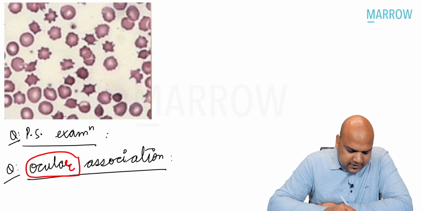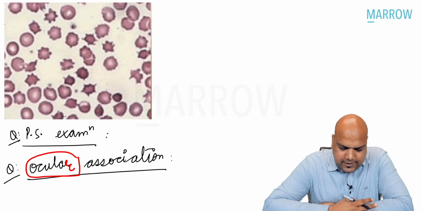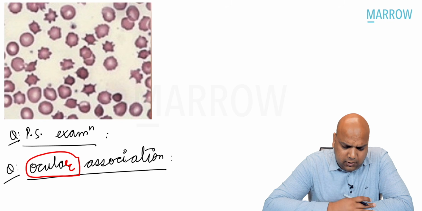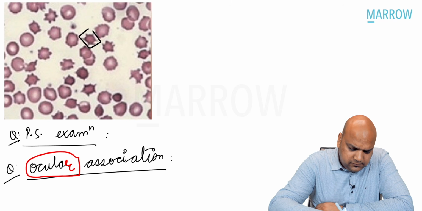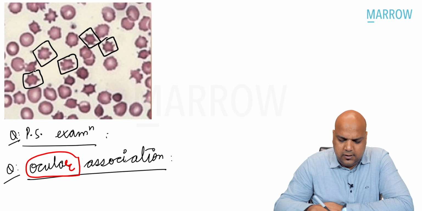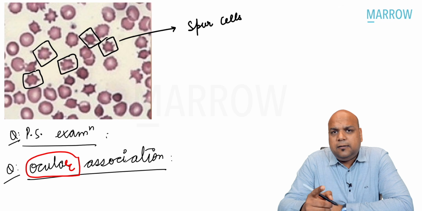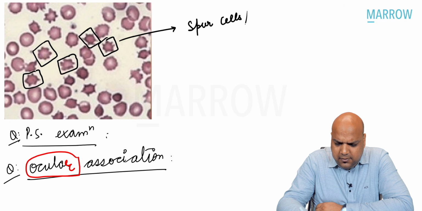Guys, it is very simple. Let us look that a lot of cells are discoid shape, but a lot of the other cells, they are having a weird shape. All these cells, I think they are called as spur cells. Am I right? Yes, I think I am. And they're also called as acanthocytes.